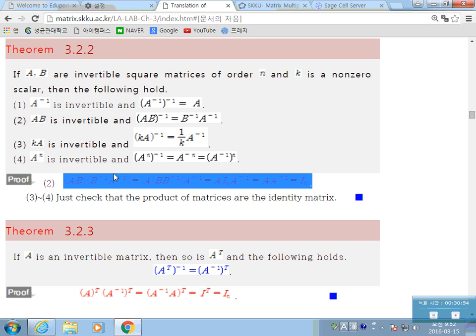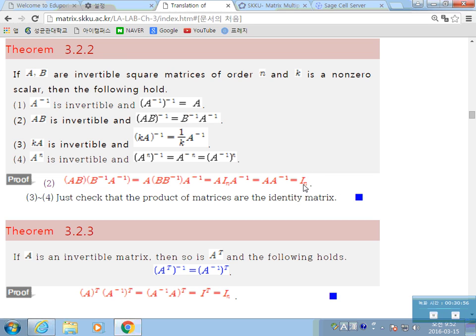So AB times this is identity. Also B inverse A inverse times AB is identity. So you can see they are inverses of each other, and the inverse of AB is B inverse times A inverse. Okay? Not A inverse times B inverse. That's what you should know.